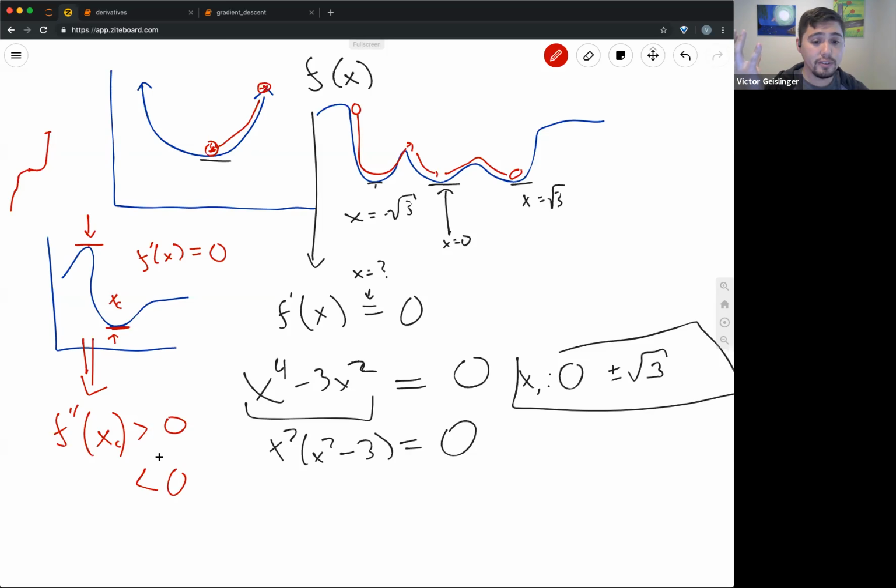Once you have your critical values, find the second derivative and plug your critical values into it. Is it positive or negative? If it's positive, you have a minimum value. Okay, so that's the process for finding the minimum and maximum values. Any questions on what that meant, what that looks like?